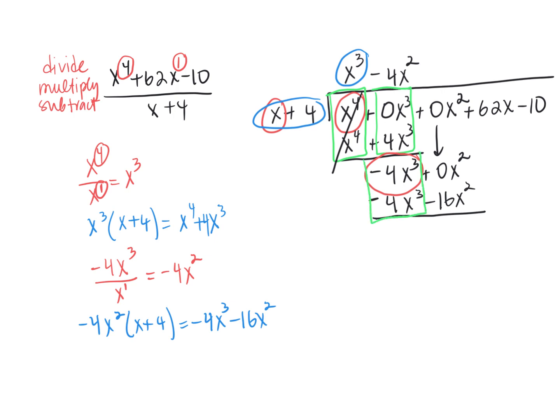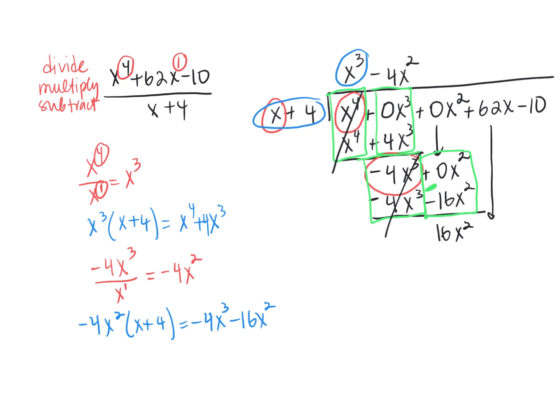So the front here, negative 4x to the power of 3 minus negative 4x to the power of 3, they cancel. And 0 minus negative 16. So we're subtracting a negative 16, which will make it a plus 16x to the power of 2, gives us 16x to the power of 2. So we completed the second circle.